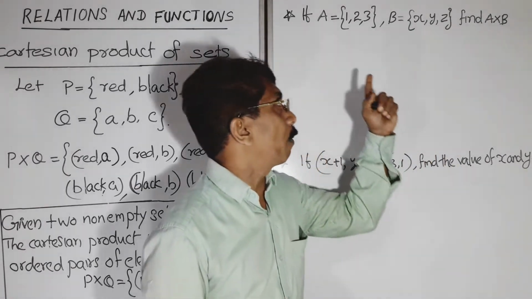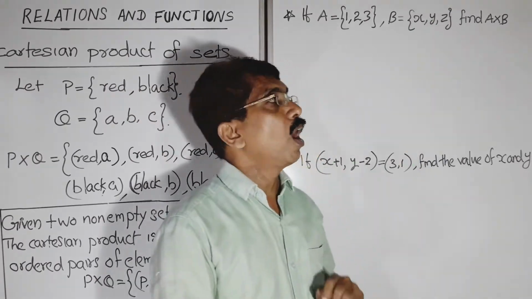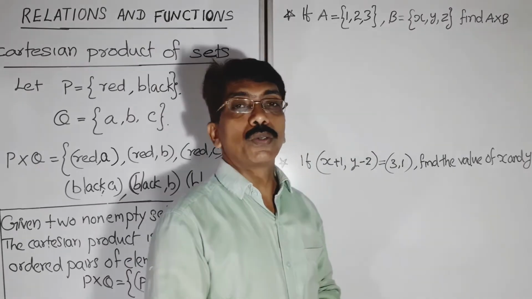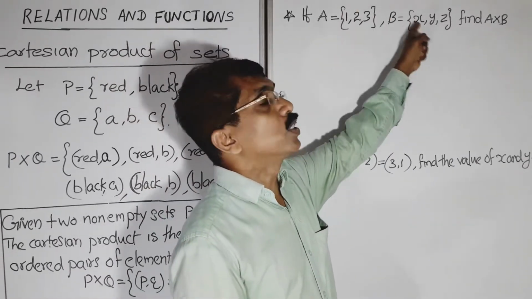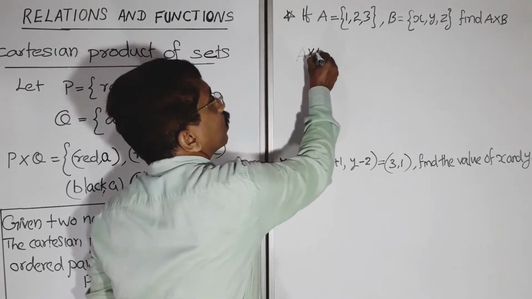Let us do this problem using that. Let A is equal to {1, 2, 3} and B is {x, y, z} set. Find A cross B. Listen, what is A cross B? You tell me. We should make all what? Ordered pairs using these two sets. So what will be A cross B? Tell me.